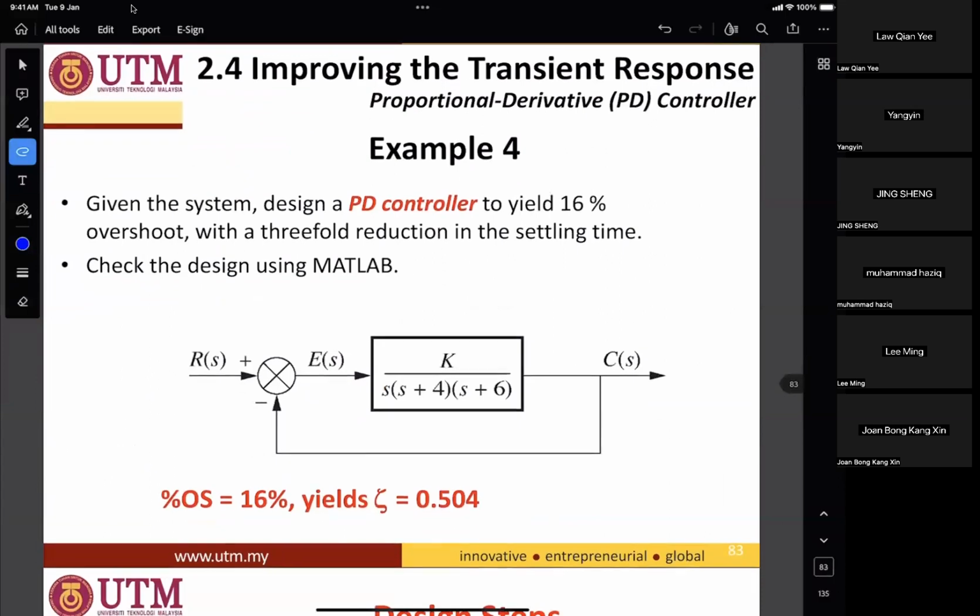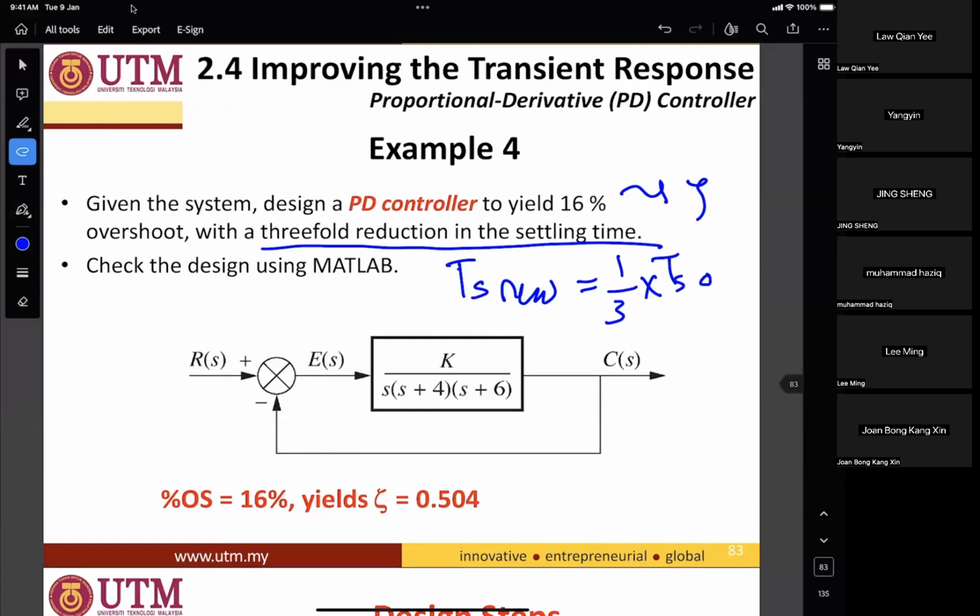So example 4, you are given the system shown here. Design a PD controller to yield a 16% overshoot with a 3-fold reduction in the settling time. What do you mean by 3-fold reduction of the settling time? It means that the new settling time is equal to 1/3 multiplied by Ts old, the old value.